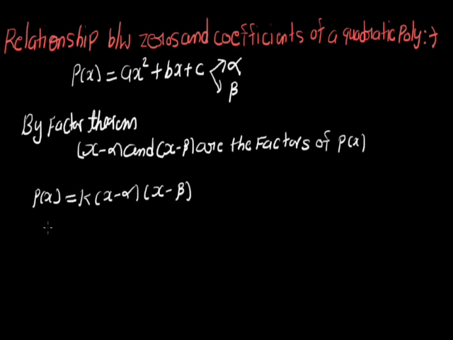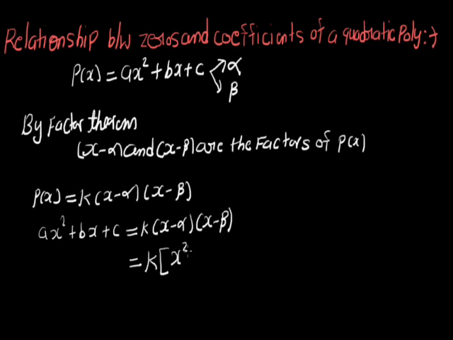Now p of x is equal to ax square plus bx plus c, that is also equal to k times x minus alpha into x minus beta. Now we can multiply out. We will get k times x square minus alpha plus beta into x plus alpha into beta, on the left hand side equal to ax square plus bx plus c.